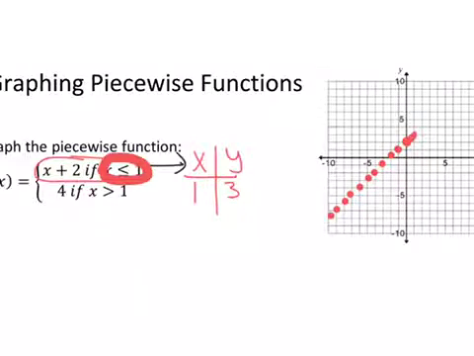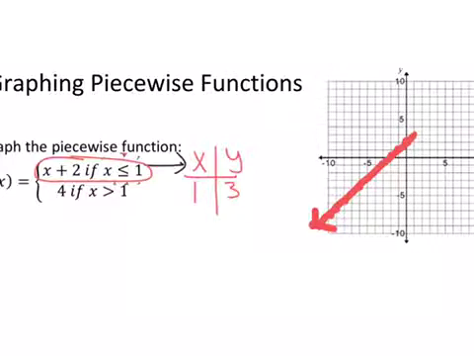And then I'm going to connect the dots. Now note that it says less than or equal to, so that tells me that this dot here needs to be a solid dot.